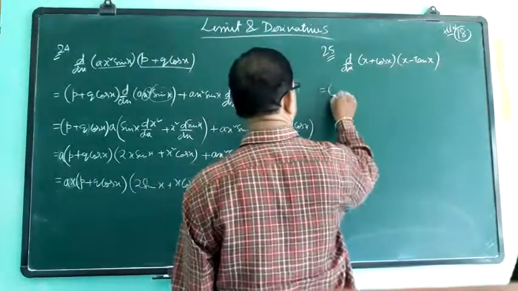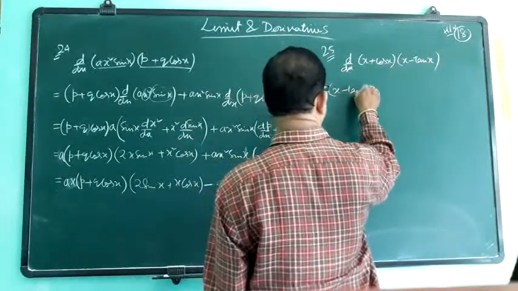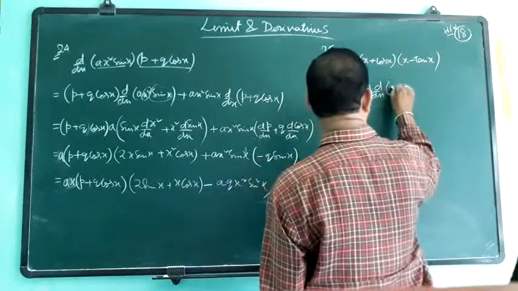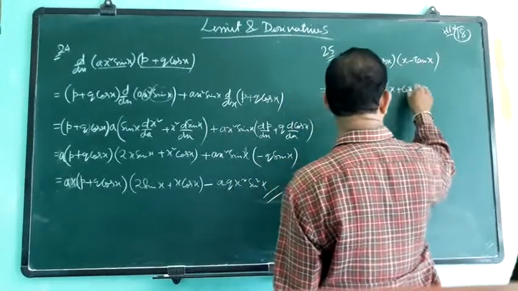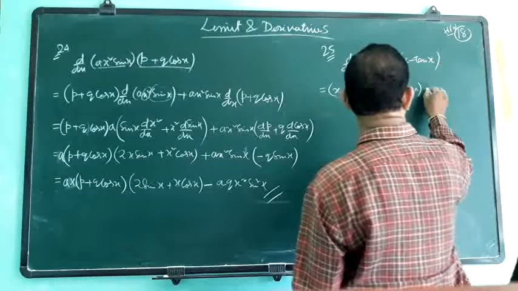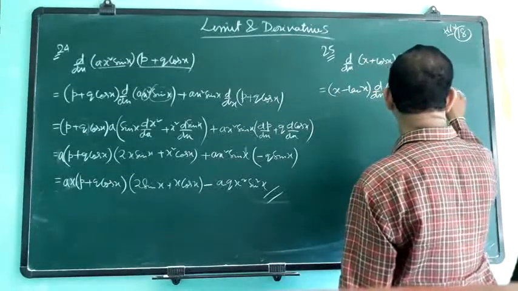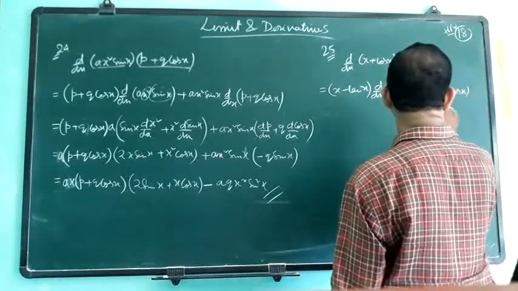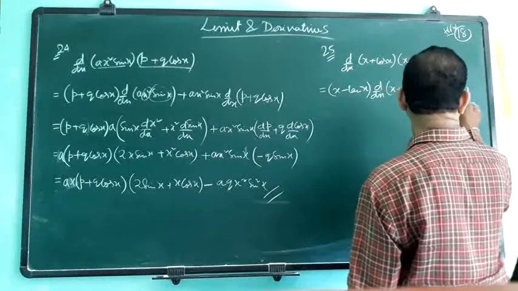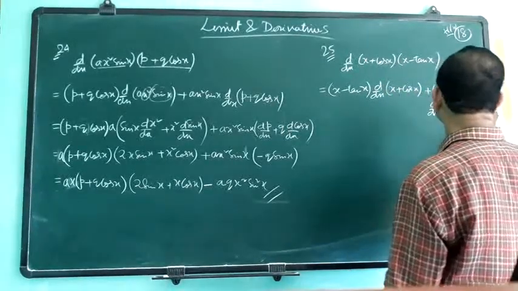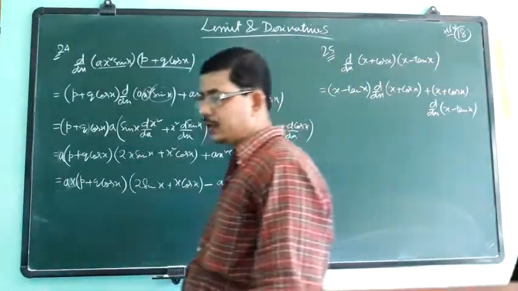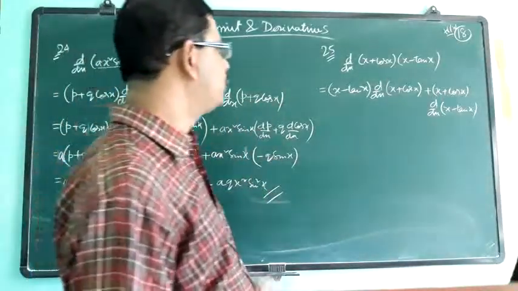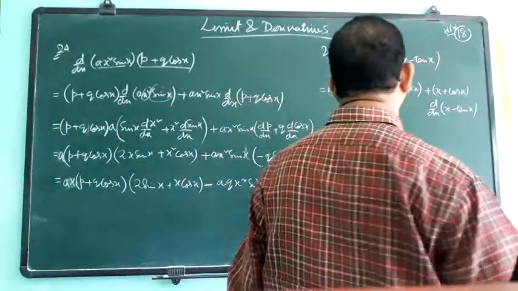So I am directly using this one: x minus tan x, and differentiation of x plus cos x. Then keep x plus cos x and differentiate x minus tan x. So this is our u v. Keep v outside, differentiate u, plus u keep, differentiate v.